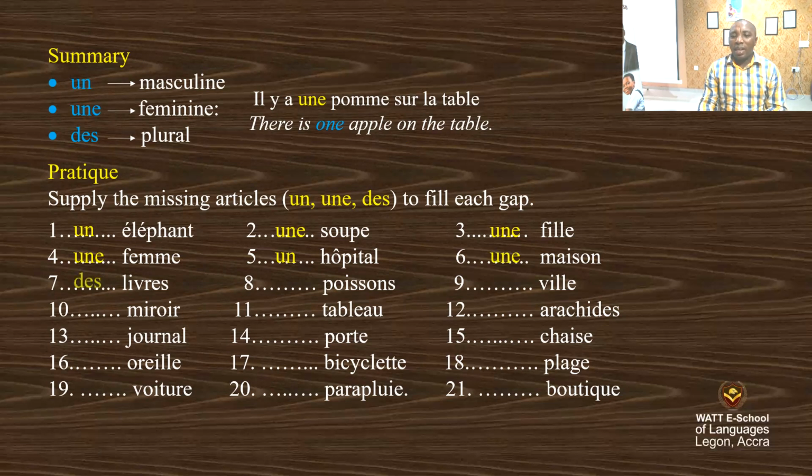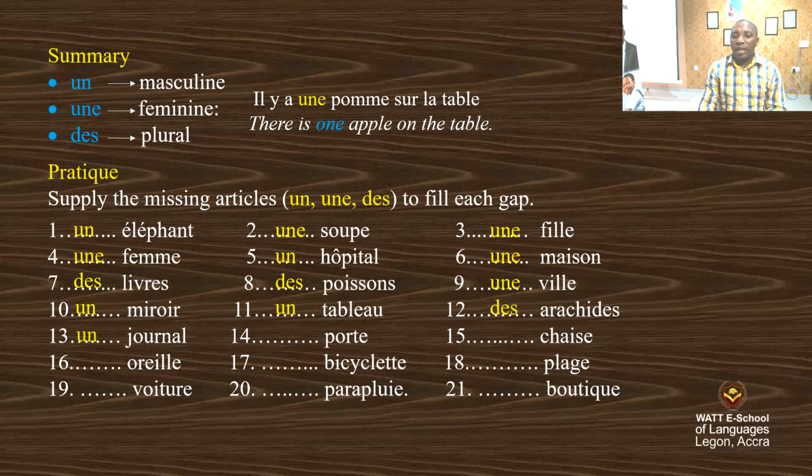Seven, des livres. 8, des poissons. 9, une ville. 10, un miroir. 11, un tableau. 12, des arachides.